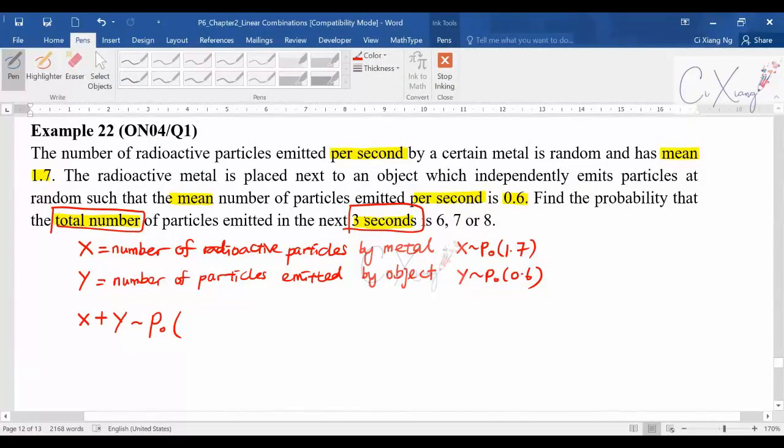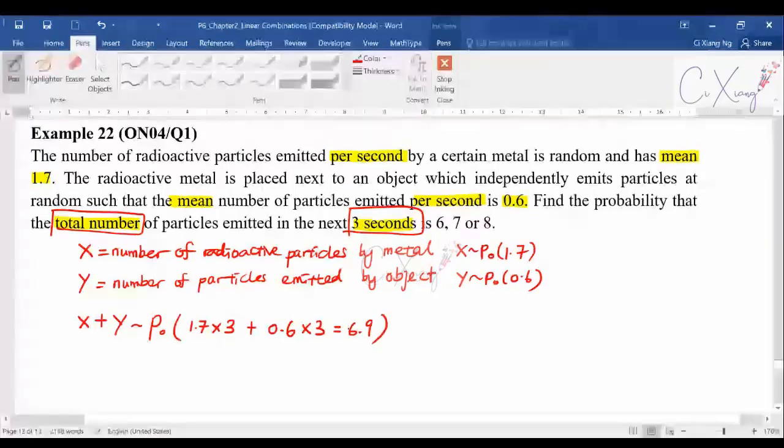Therefore, to change it to 3 seconds, to fulfill 3 seconds in the question, you need to take 1.7 multiplied by 3. So you need to change it to the mean for 3 seconds. The same thing happens for the other particle emitted by the other object, so 0.6 times 3. All right, then your mean becomes 6.9.